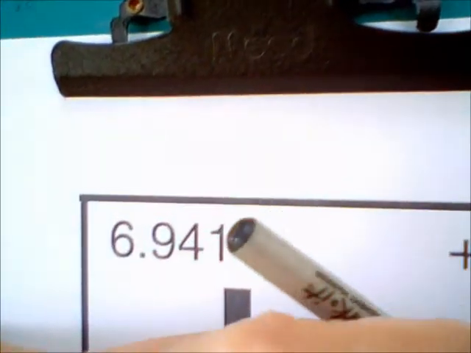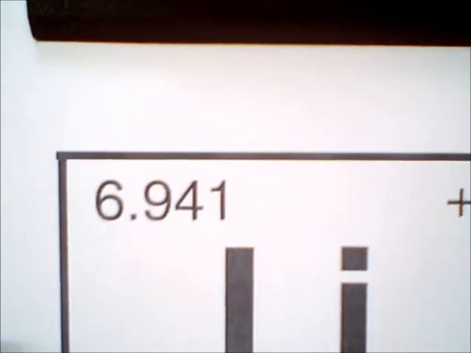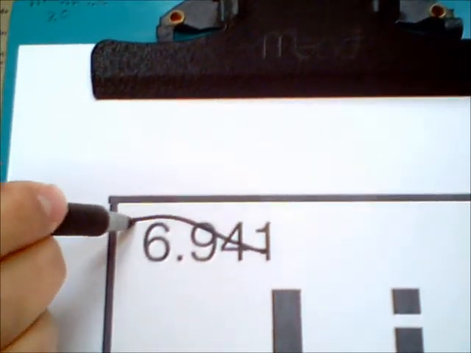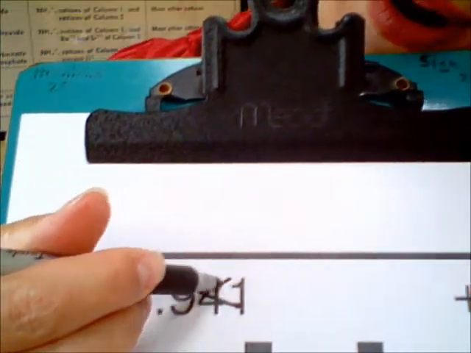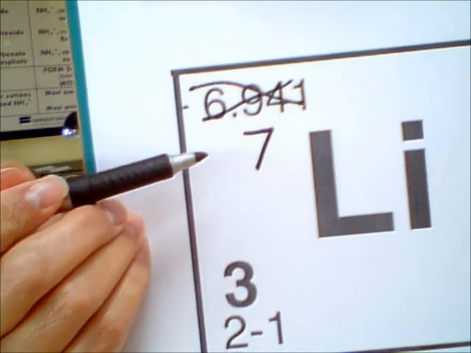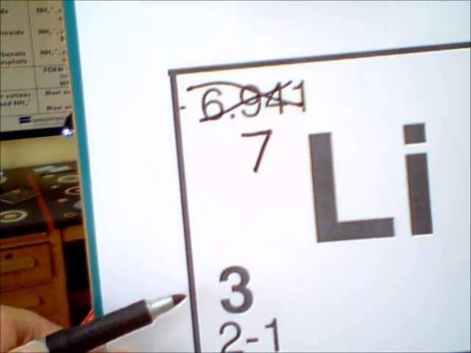So protons and neutrons give the atom its mass. What we usually do is take this number and round it. So we're going to round this to 7. So right now, if you look at lithium, it's got a mass of 7 and 3 protons.